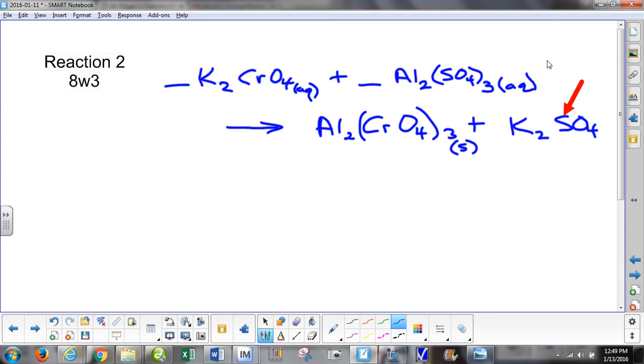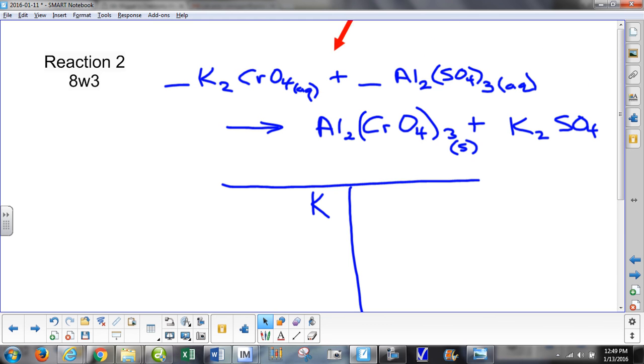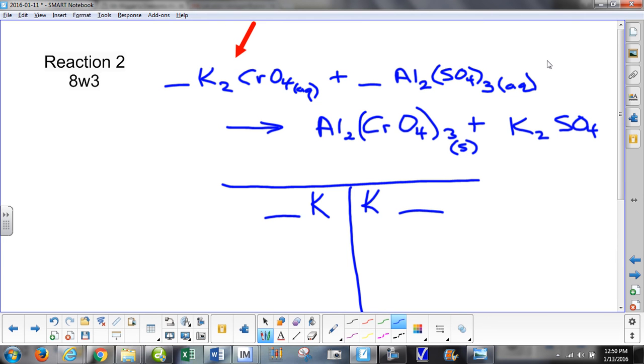And for all your reactions, you need to have that T-chart. I'm going to make a T-chart just for this one, so you can remember how to do it. Potassium is the first one I see as I go from left to right in my equation. So I put potassium. It has to be on both sides. And then I'm going to balance with chromate.